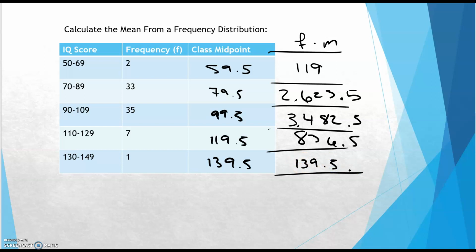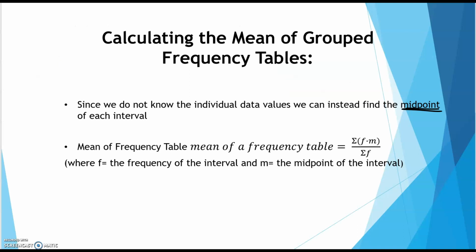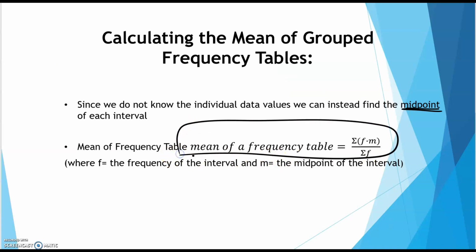Okay. So then the last thing I need to do for this column right here is add all these numbers up. So this would be the summation of your frequency times your midpoint, which will come out to 7,201. And if we go back to our formula here, I just did the top part. Now I need the bottom part, the summation of all my frequencies.